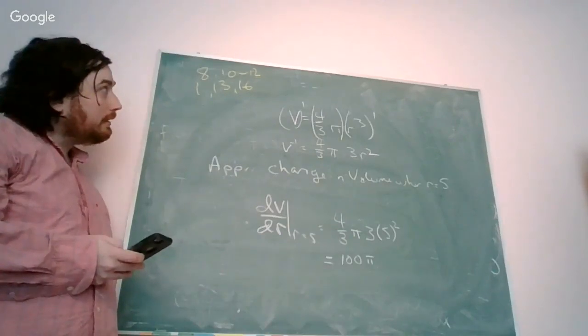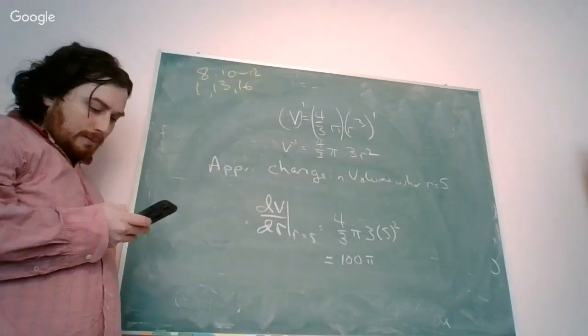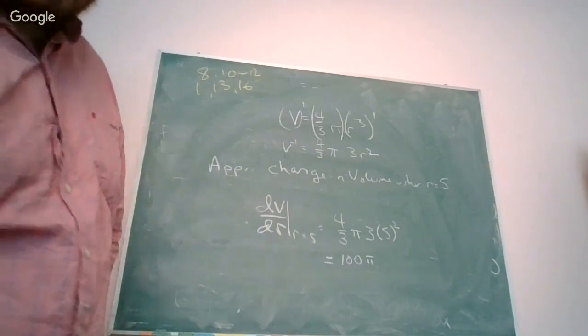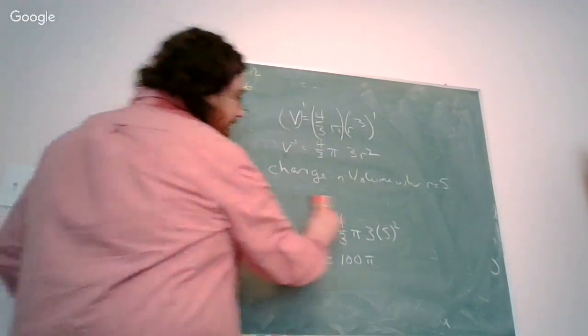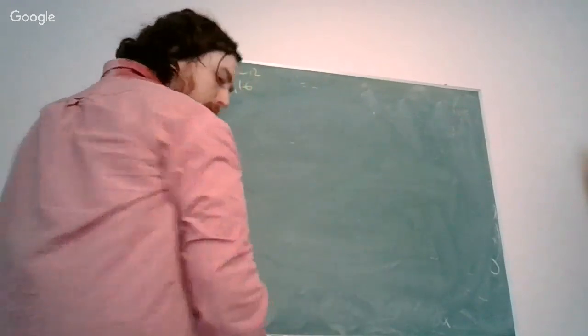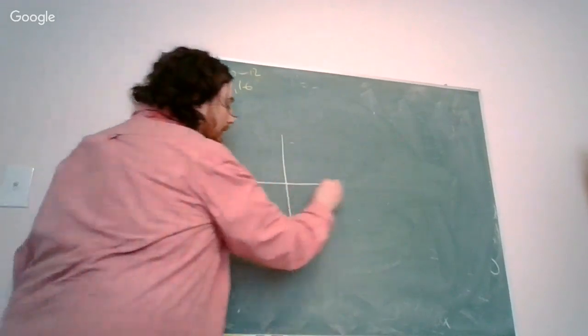All right. Number 16. Let's look at that one real quick. What we have for number 16 is a function given to us that looks like this.